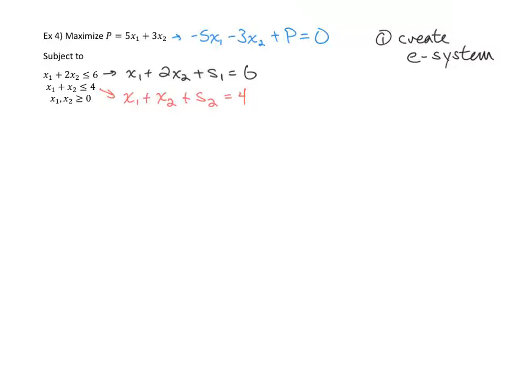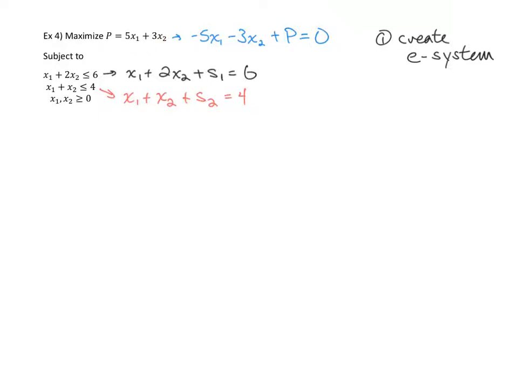And lastly, you want to make sure that in your objective function, the variable that's here, whether it's P or C or whatever, not x sub 1, x sub 2, or x and y, is positive in your equation. So again, you'll be subtracting these terms to the left side of the equation.